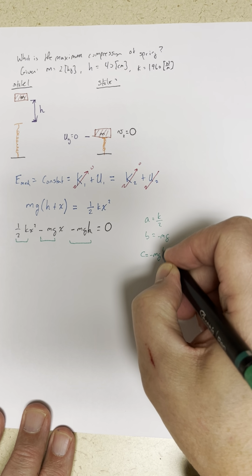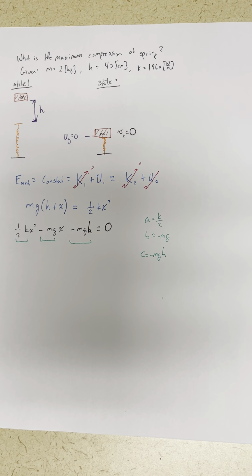So put that into our solution for the quadratic equation. Minus b plus or minus square root of b squared minus 4ac all over 2a.